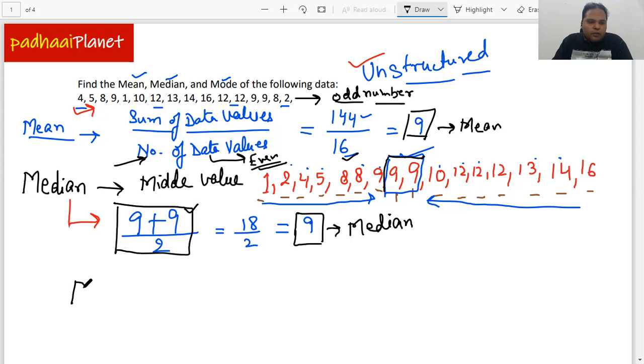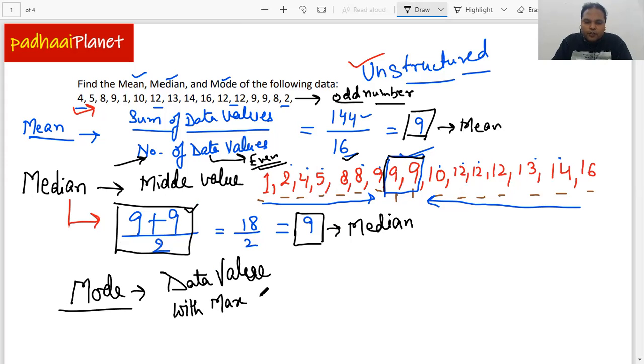Now, if we are talking about mode, as we have already learned, the data value with maximum frequency is the mode of the data set. Let's quickly check which data value is repeating most. Here we see 12 is repeating thrice, so that's one.